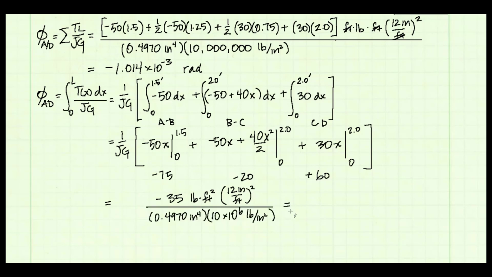And dividing by J and G, I get the same answer as I did previously, negative 1.014 times 10 to the negative third radians. So obviously both methods will work. They're just taking the area under the internal torque diagram and dividing by J and G.